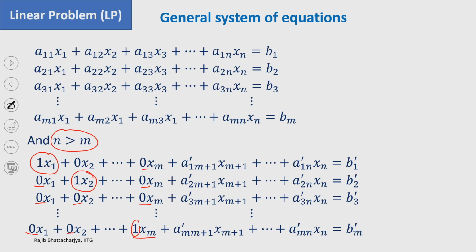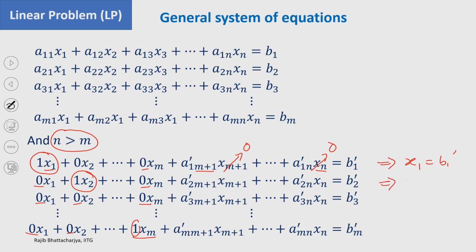One possible solution is this: if I consider x 1 to x m as basic variables, and from m plus 1 to n as non basic variables, and I set the non basic variables x m plus 1 up to x n equal to 0, then I get x 1 equal to b 1 dash.